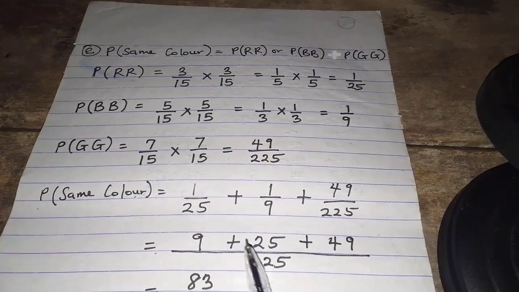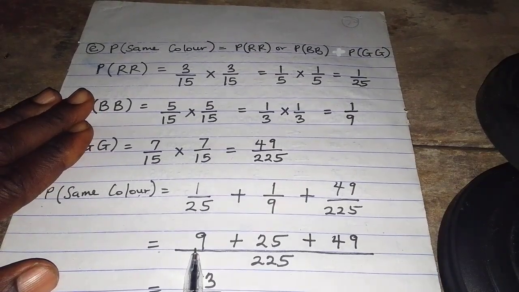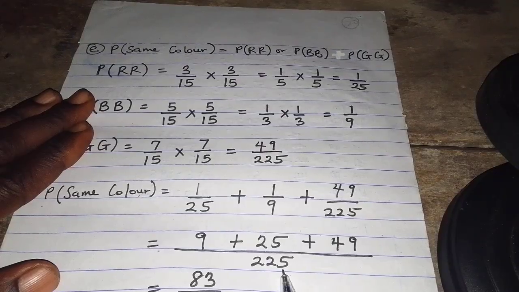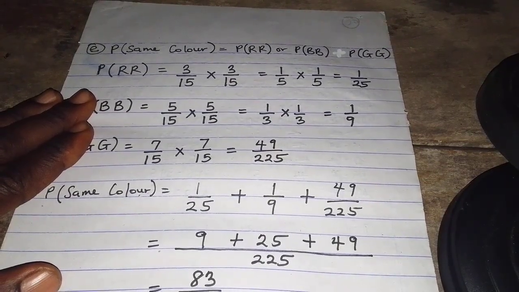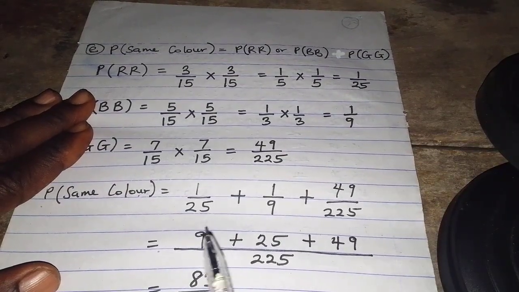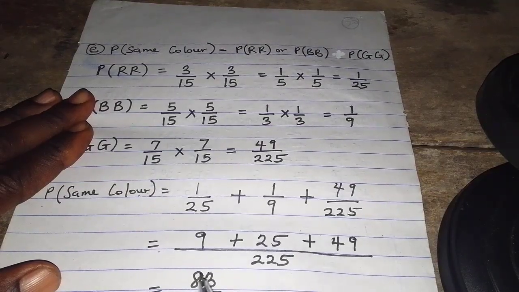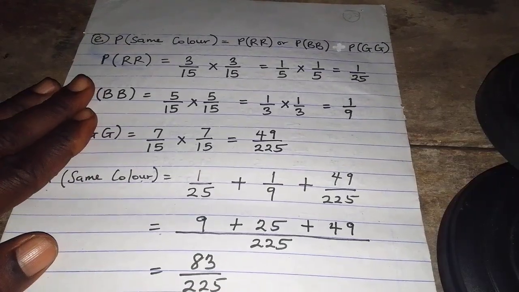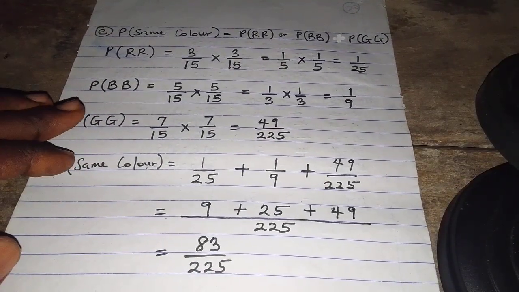How many 25 in 225? That's 9. 9 times 1 gives us 9, plus 9 into 225 is 25. 25 times 1 will give us 25. Then plus 225 into 225 is 1. 1 times 49 is 49. 9 plus 25 plus 49 will give us 83 over 225. So that means the value is 83 over 225.